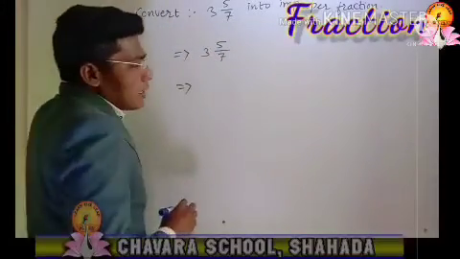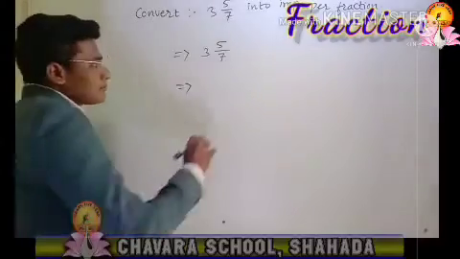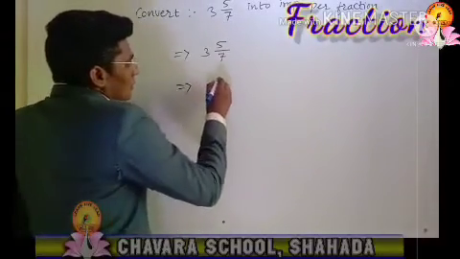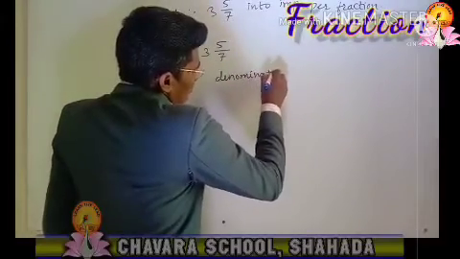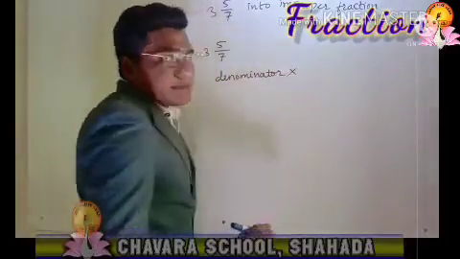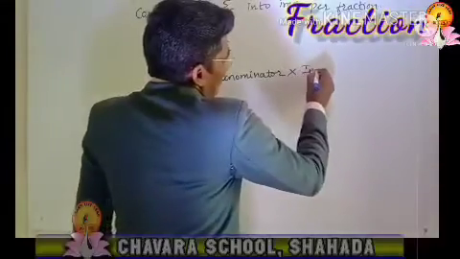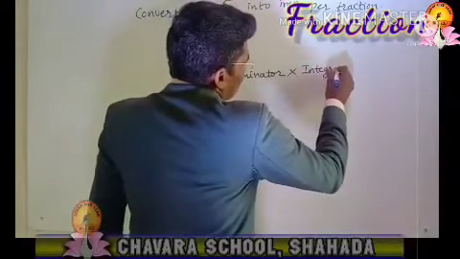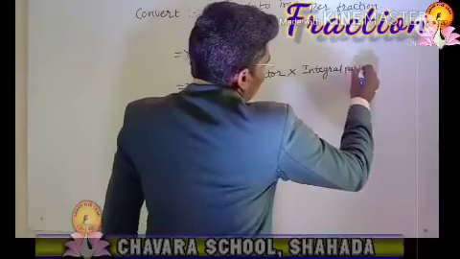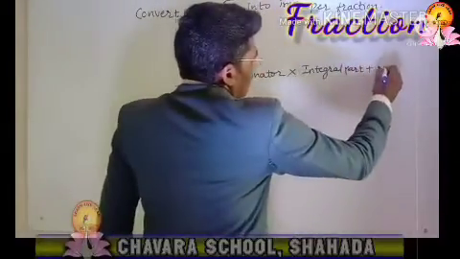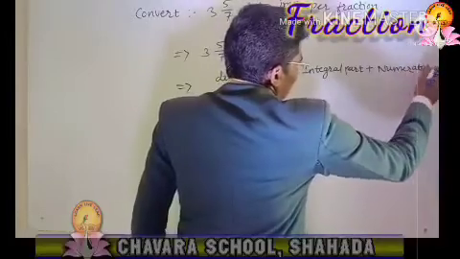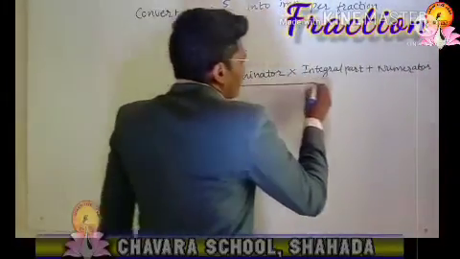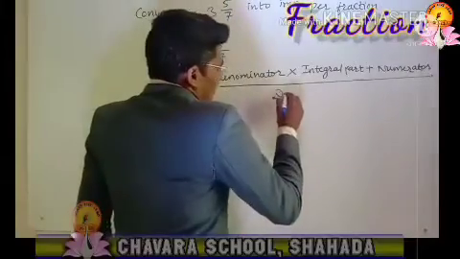Afterwards, we have the formula: denominator multiply by integral part plus numerator upon denominator.